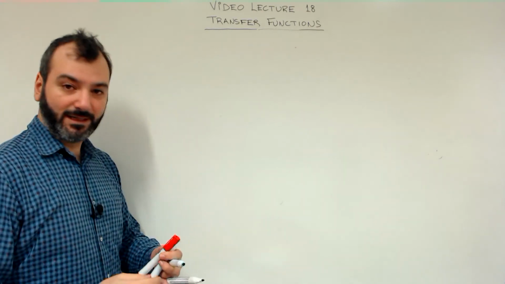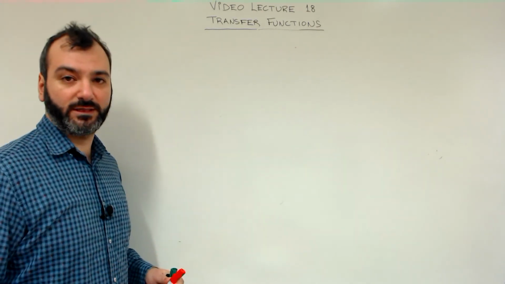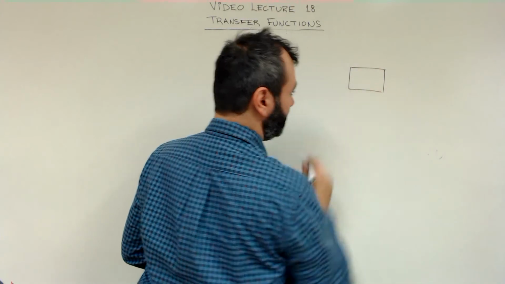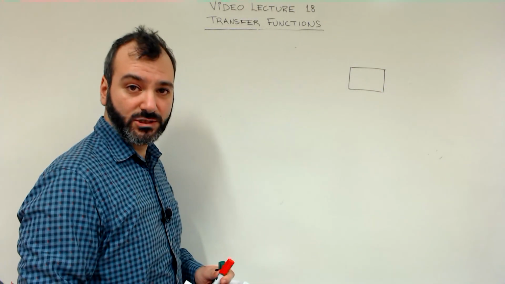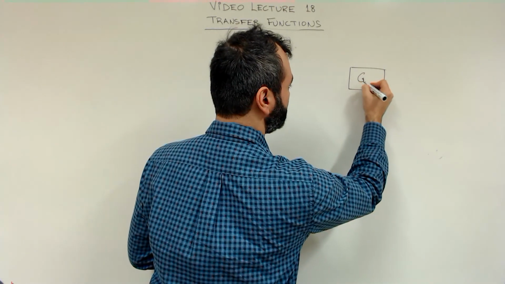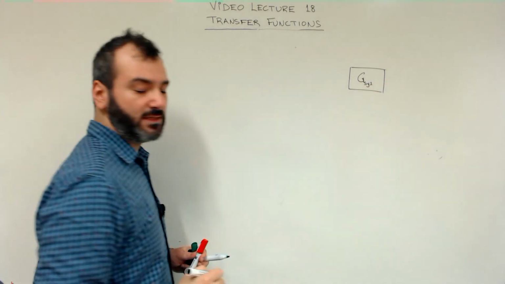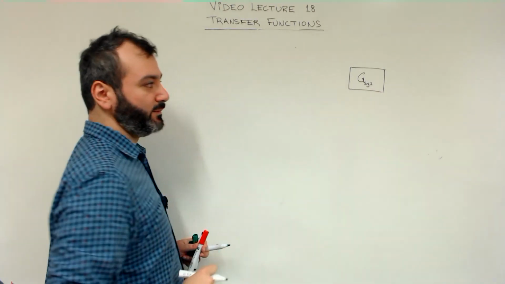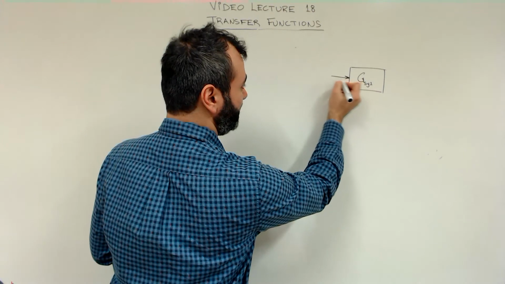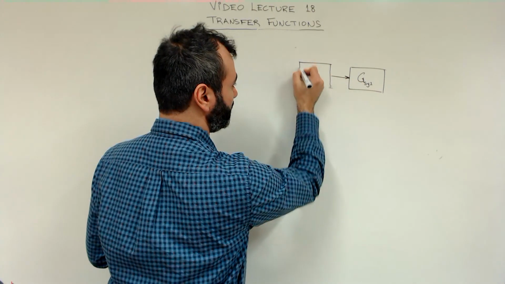Now let's make it clear, the reason why we're discussing these things is that the typical feedback loop in an engineering system looks like that. You have your system here, let's call it G system, which is described by a transfer function. Then this system is actuated using an actuator.